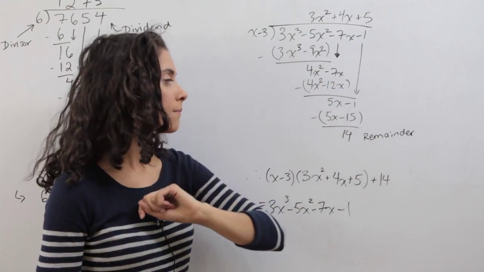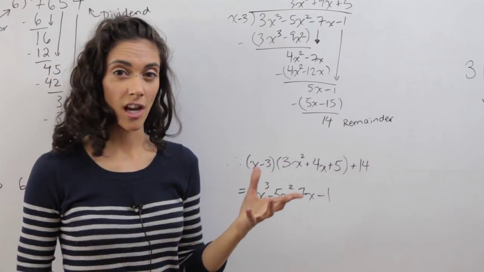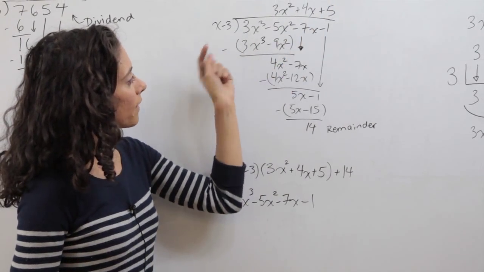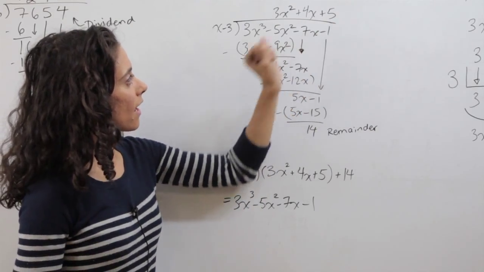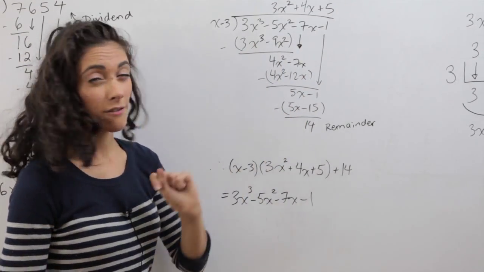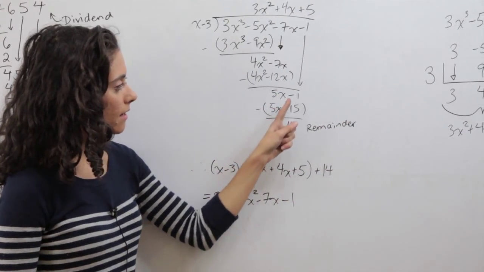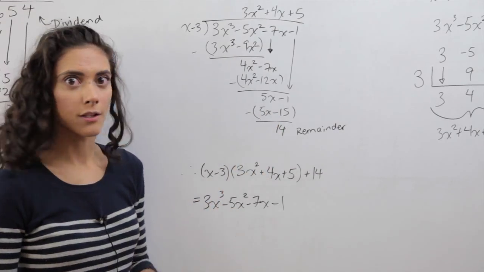Bring down the next term, and finally, fit x into 5x, that's just times 5. Answer goes up top, and now multiply to find the remainder. 5 times x is 5x, 5 times negative 3 is negative 15, and we are almost done. These cancel, and negative 1 take away negative 15, plus 15, is 14.